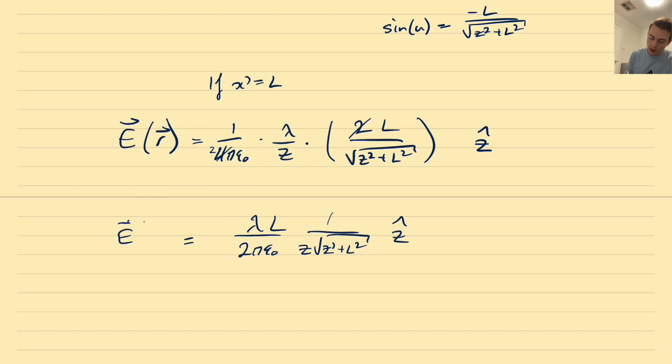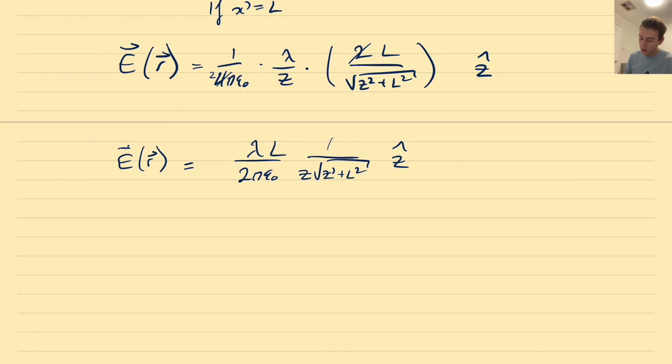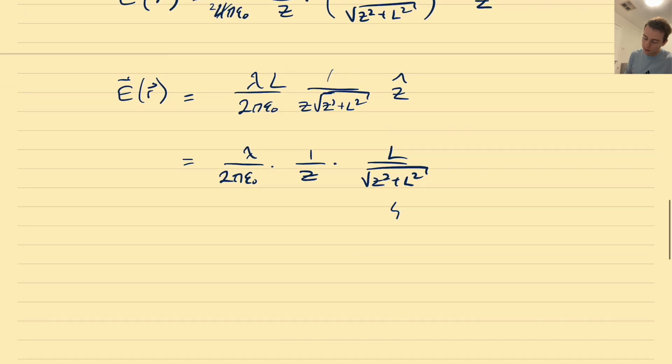What's always interesting with these sorts of problems is to look at the limiting cases. For instance, if L goes to infinity, what happens there? We'll have to do a little bit of work to make an expression that's not indeterminate, since we can't have infinity over infinity. So let's look at this in another form: lambda over 2 pi epsilon 0 times 1 over z times L over square root z squared plus L squared.